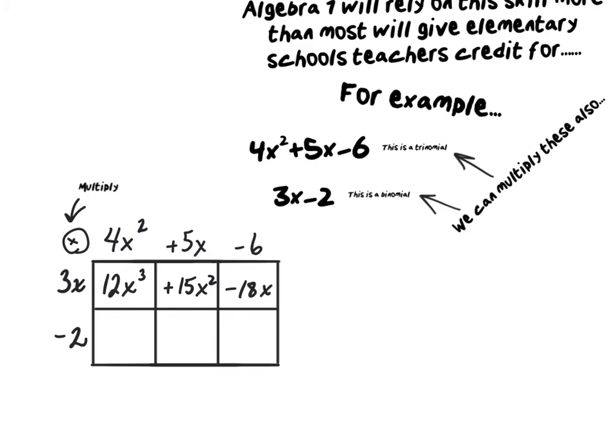Negative 2 times 4x to the second power is negative 8x to the second power. Negative 2 times positive 5x is negative 10x. Negative 2 times negative 6 is positive 12.